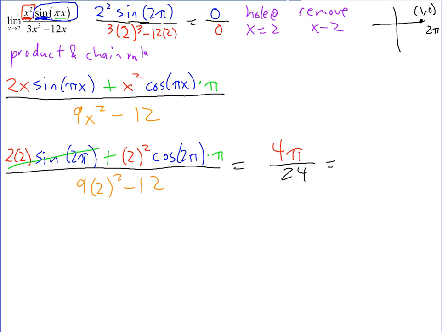And you can reduce that to pi over 6. So here, with L'Hopital's, removing the x minus 2 is not going to happen on the numerator.